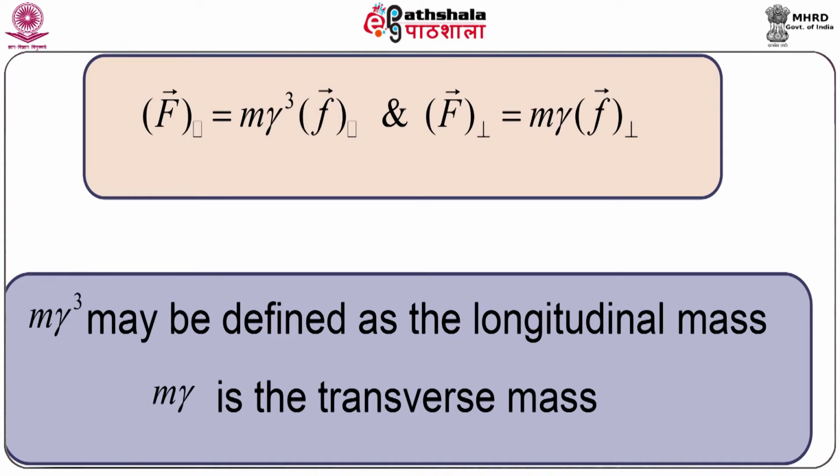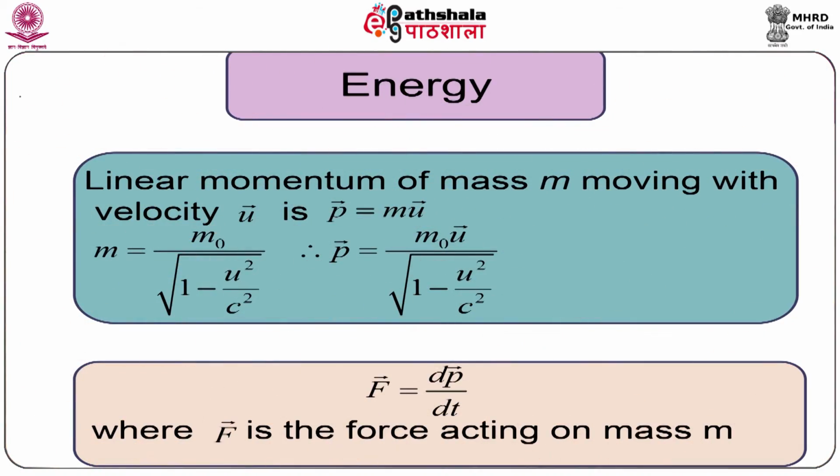Our common sense tells that mass remains unchanged during motion, but in relativistic mechanics we have already shown that mass depends on velocity and changes during its motion. Using this fact, we have obtained the expression for force in this module. Now, using the same phenomena, we shall obtain the expression for energy.